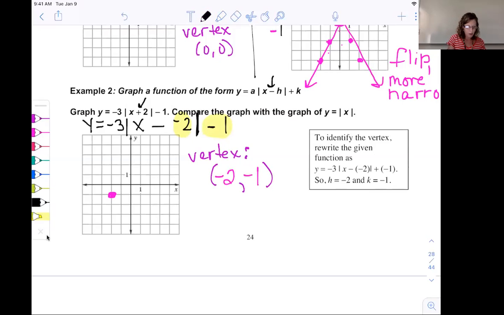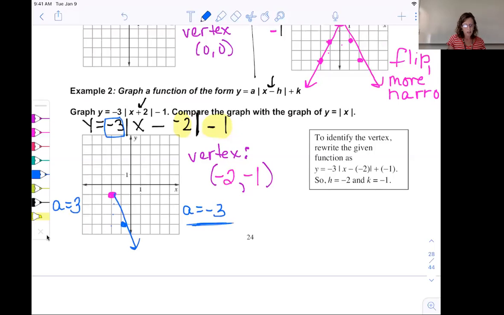The second part would be the slope. The slope is -3. On the right side, it stays the same. On the left side, it becomes opposite. So starting at the vertex, I'm now using the slope. I'm going down 3 and right 1 because I'm doing the right side first, and then I'm going to connect.